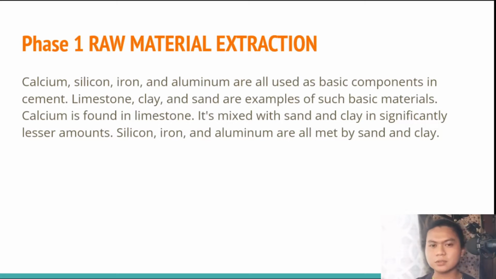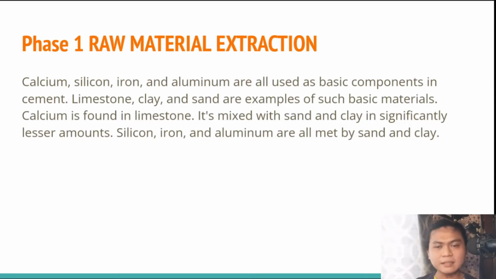If you notice the sands in the local beaches here in Cagayan de Oro, you can see those black residue. Those are iron filings. When you drop a magnet into them, they are easily attracted to the magnetic field that the iron magnet has.